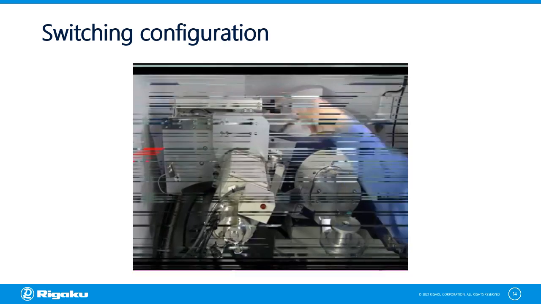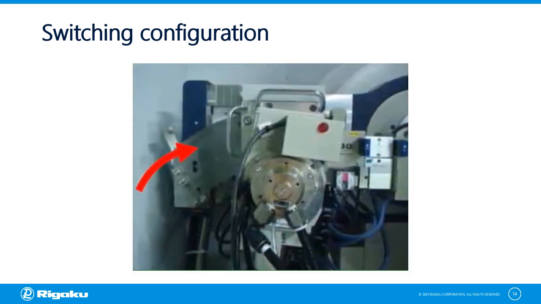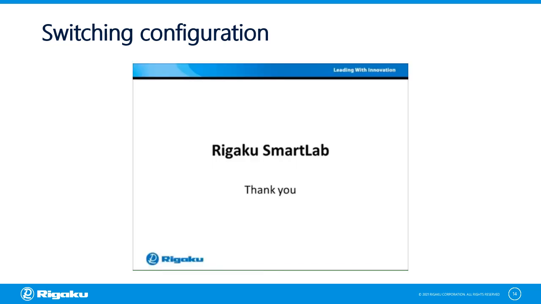When you don't need K-alpha-1, you no longer have to lose the intensity benefit of K-alpha-1, K-alpha-2 data collection because you don't want to reconfigure the system.